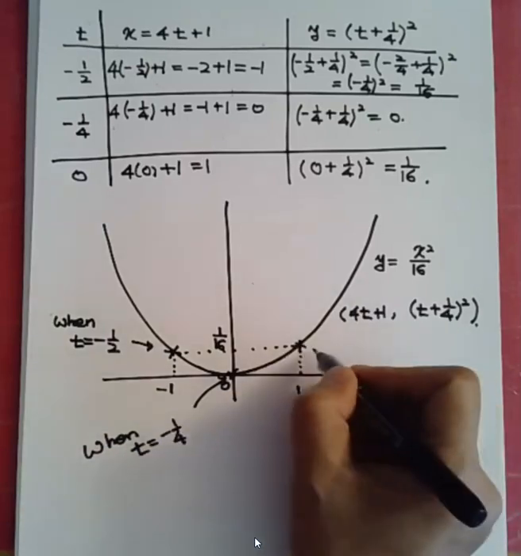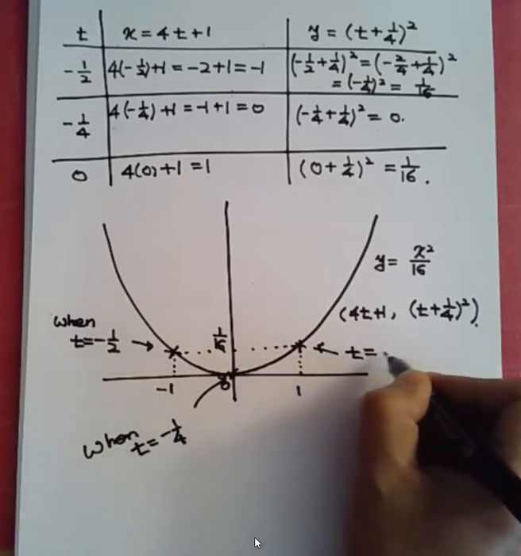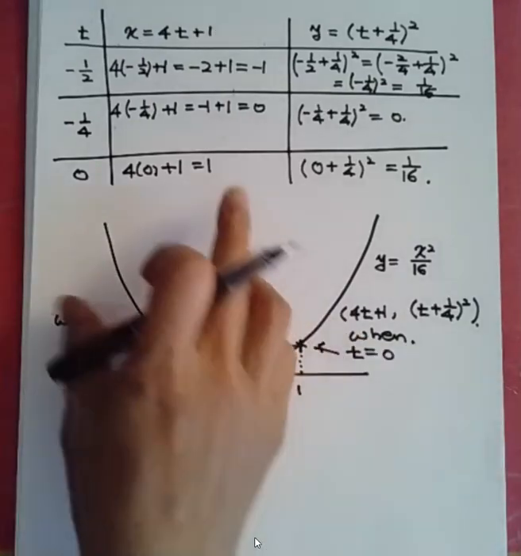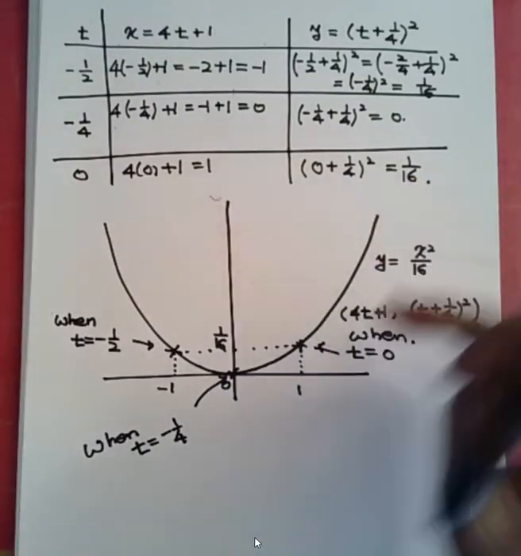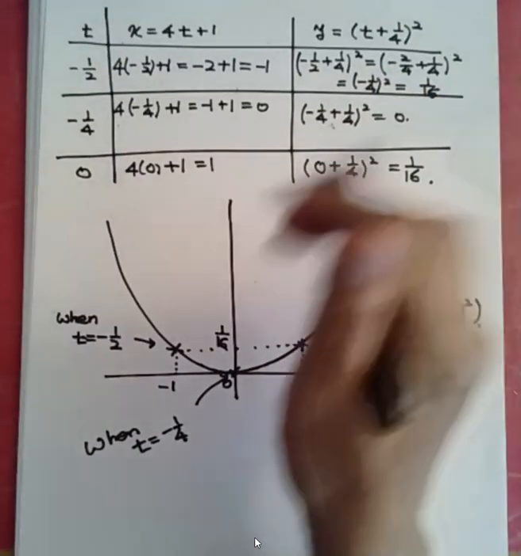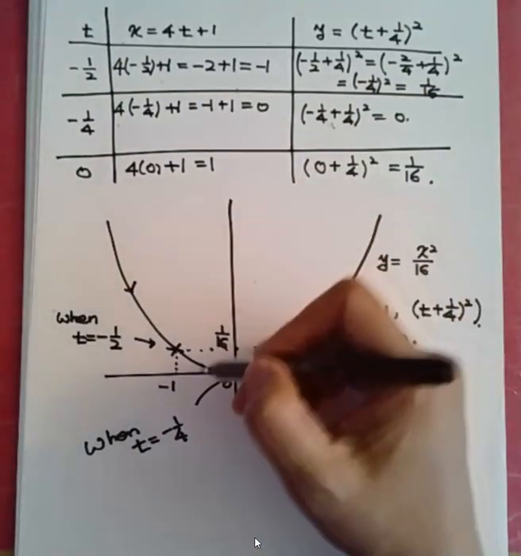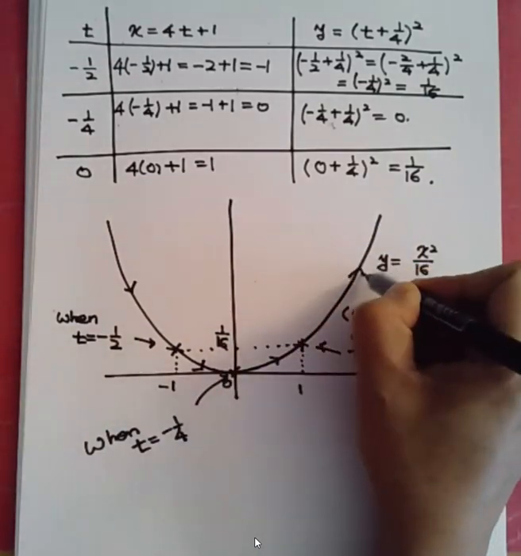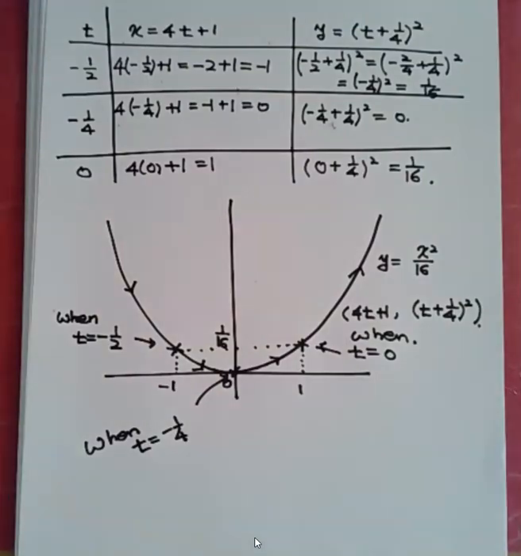When t equals 0, x value equals 1 and y value equals 1/16. So we can easily figure out how the direction goes. We trace the graph in this way as t increases.